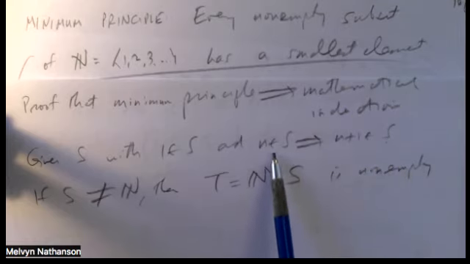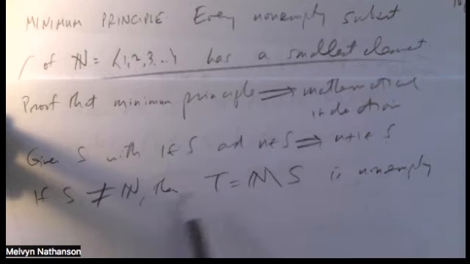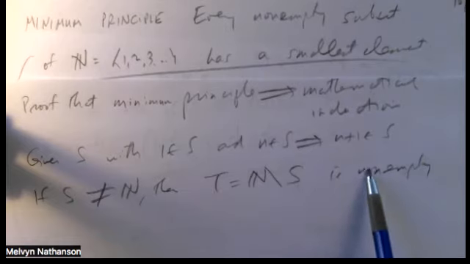If S is not the set of all positive integers, then the complement of S in N, call that set T, every positive integer that's not in S, is going to be non-empty.